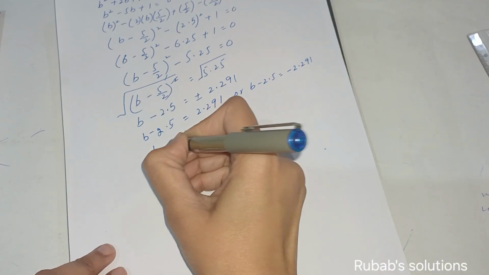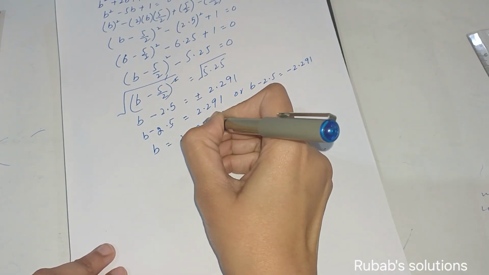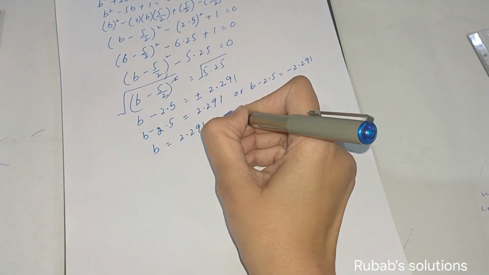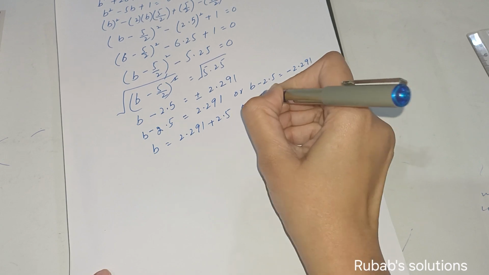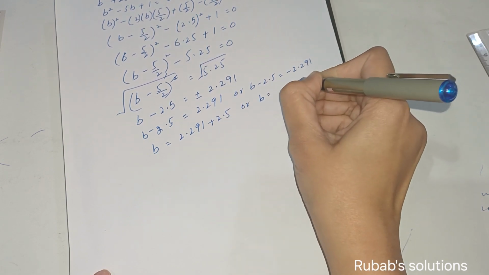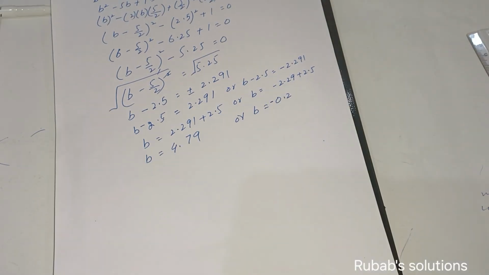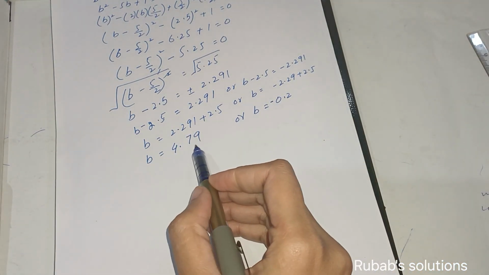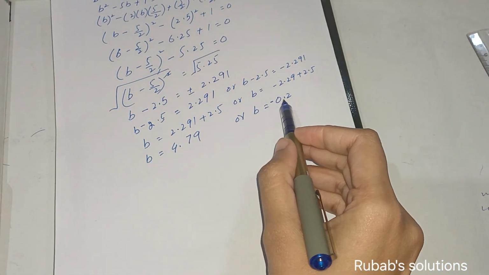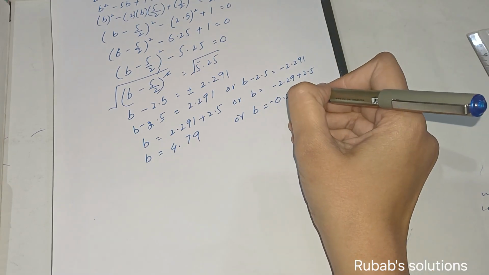So from here it will be 2.291 plus 2.5, or from here it is equal to minus 2.291 plus 2.5. So this is the answer, 4.79, and from the other side it is 0.21. Clear?